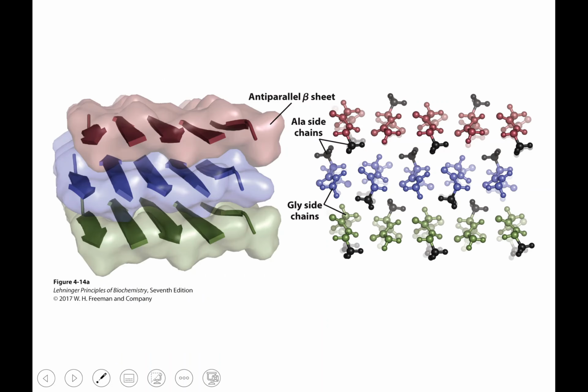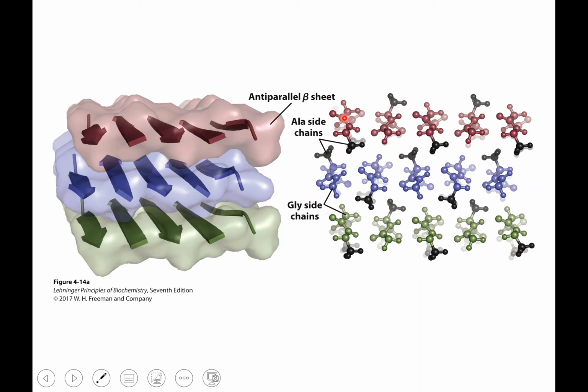So here we see a depiction of fibroin, and each color is a different layer, a different beta sheet stacked on top of each other. I should mention that they're anti-parallel beta sheets. So the strands are going in alternating directions.